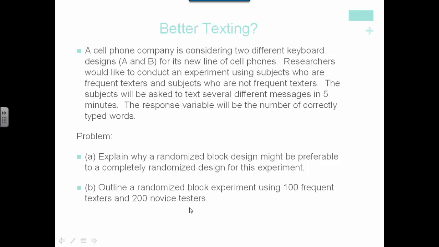So we would start again with 300 subjects. We would have 100 of the experienced texters and 200 novice. We would then have each one do random assignment. This would be for both of them.